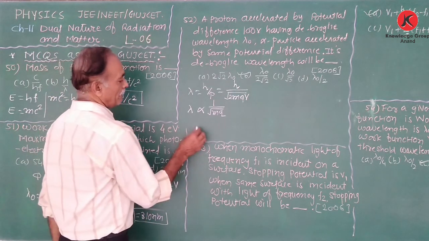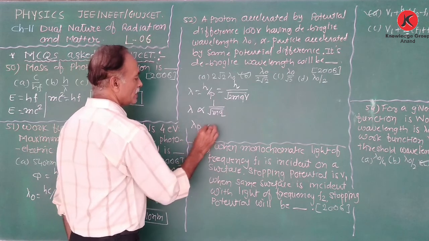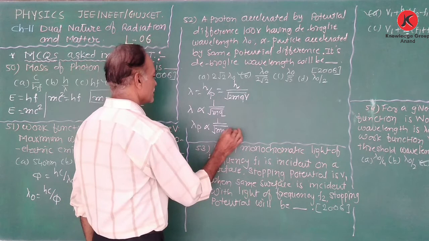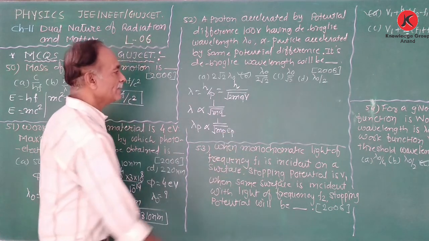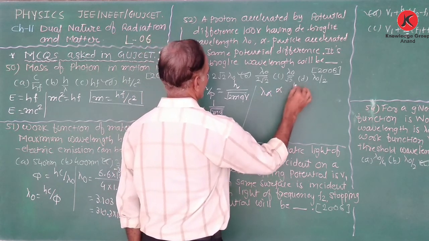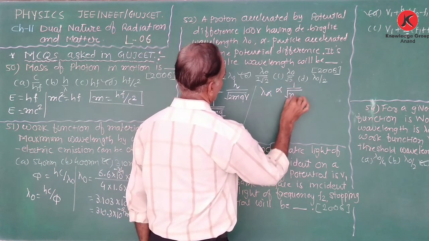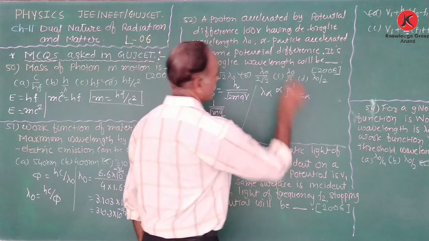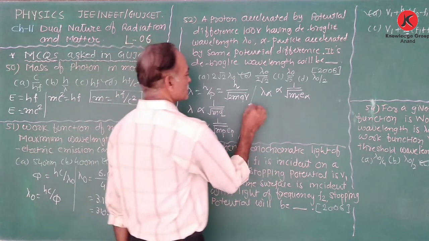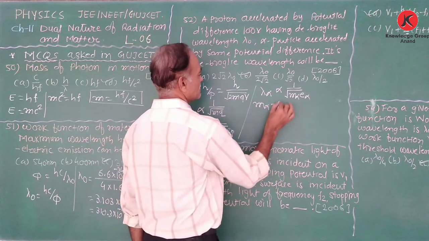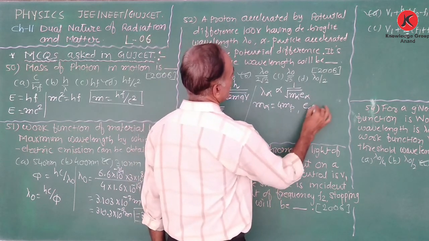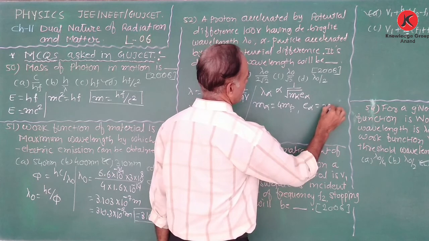So for the proton, lambda is proportional to 1 upon under root of mp into e, and for the alpha particle, lambda alpha is proportional to 1 upon under root of m alpha into e alpha. Now the mass of the alpha particle is 4 times the mass of the proton, and the charge of the alpha particle is double the charge of the proton.